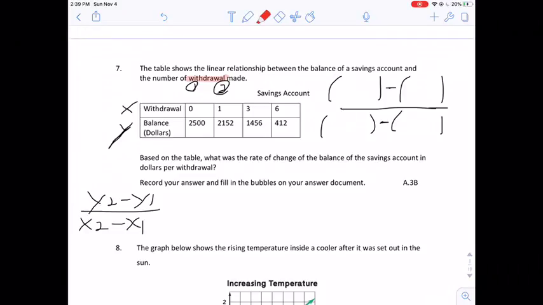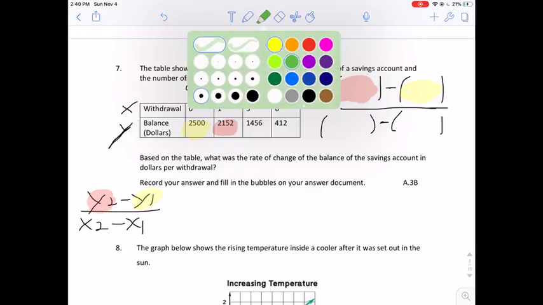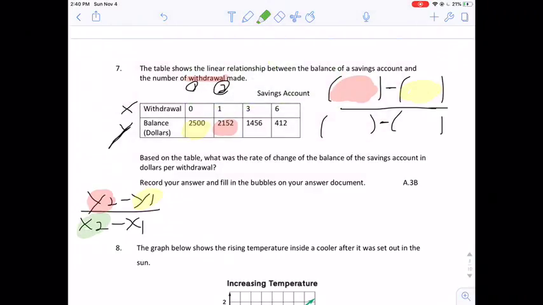So let's see. Y2, Y1, now X2, and then X1.